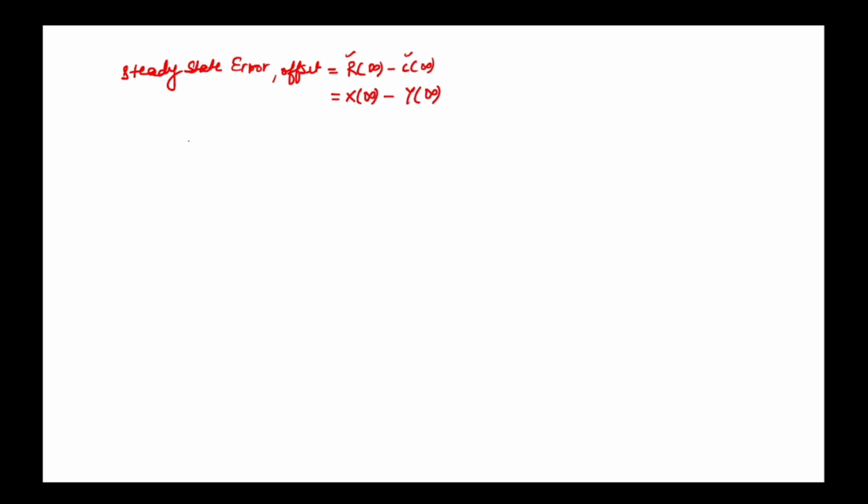So very first we will calculate X infinite, that means X as t tends to infinite is equal to limit S tends to 0 of S into XS. X is a unit step, so XS will be 1 upon S. So X infinity will be 1.